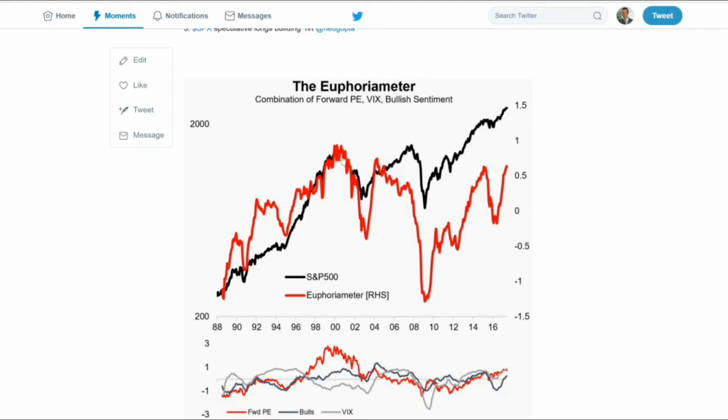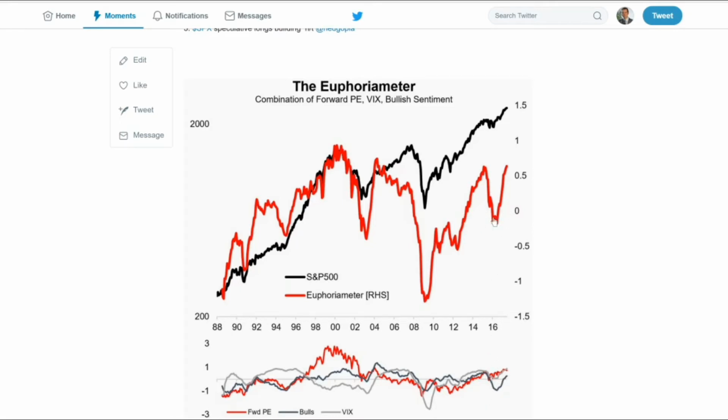Leading into the dot-com peak, it did actually get a bit higher than where it is right now, and at that point it was driven by valuation. At the moment it's driven by a very low VIX, by increasingly high valuations, and more lately by bullish sentiment starting to really kick in after quite a washout moment in the early part of 2016.